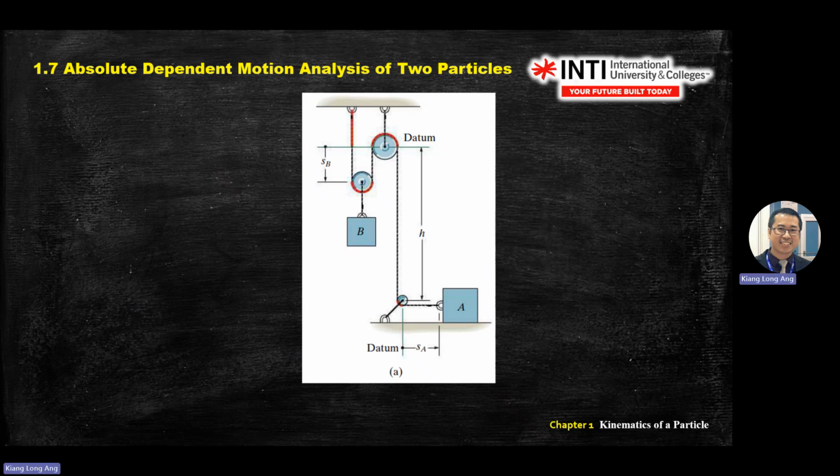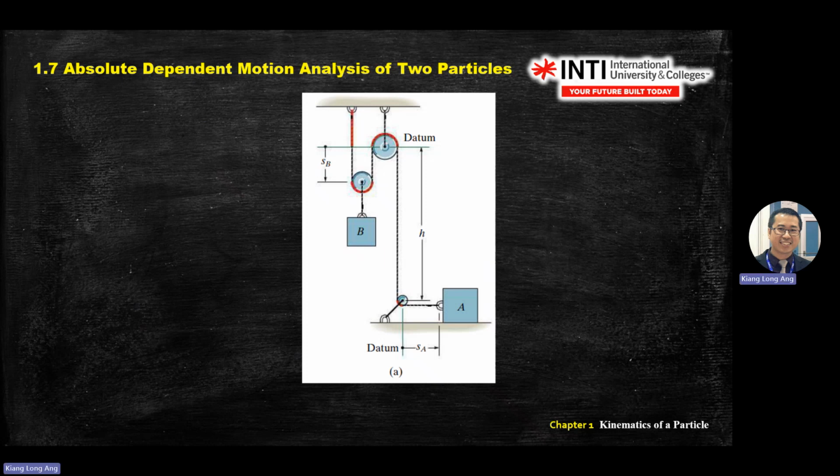Then, if SA moves positive to the right, what happens to SB if you pull A? Positive or negative? Negative, because B moves up. This one positive goes down. So it is a positive SB.